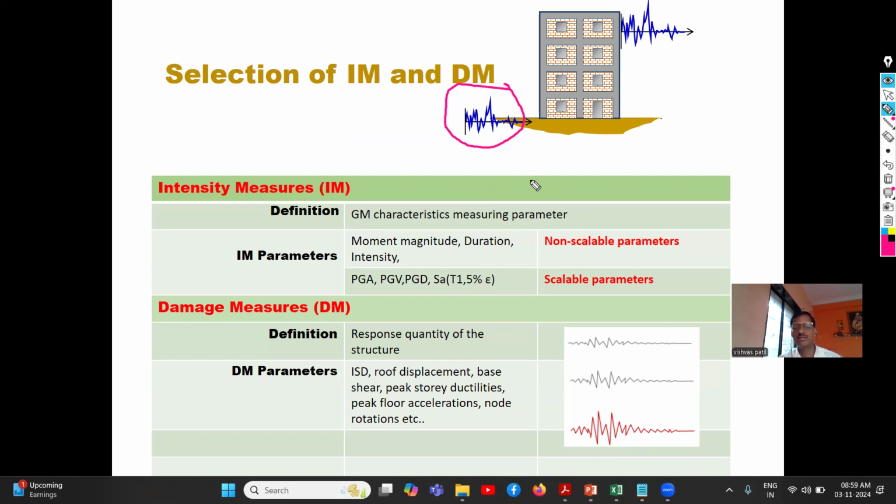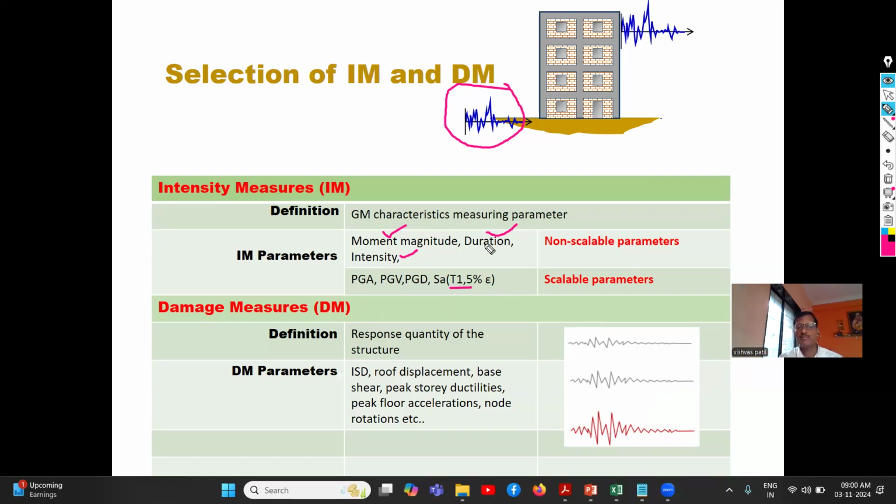How do we measure the characteristics of a ground motion? Either by using moment magnitude, for example, this particular earthquake is of magnitude 6.5. Sometimes we describe it in terms of duration, sometimes in terms of intensity, then in terms of PGA, PGV, PGD, peak ground displacement, or in terms of Sa(T1) at 5% damping.